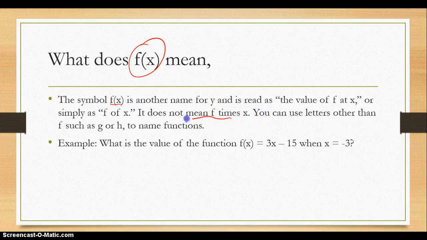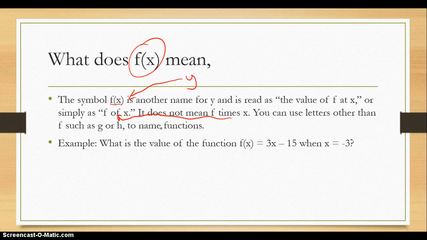Sometimes we familiarize ourselves with the word "of" meaning times, but it does not mean that in this instance. You can use letters other than f, such as g or h, to name functions. So what this really means, in my opinion, to simplify it, is that f of x is truly just y.